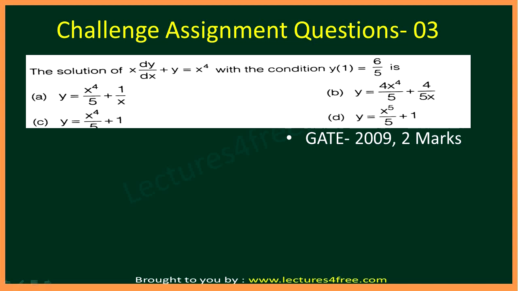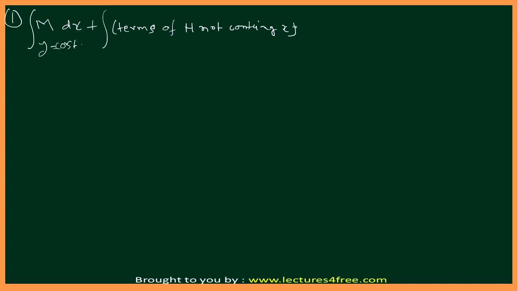Your first formula is the integration of M dx, keeping y constant, plus the integration of the terms of N not containing x, dy, is equal to c. So now apply this formula.